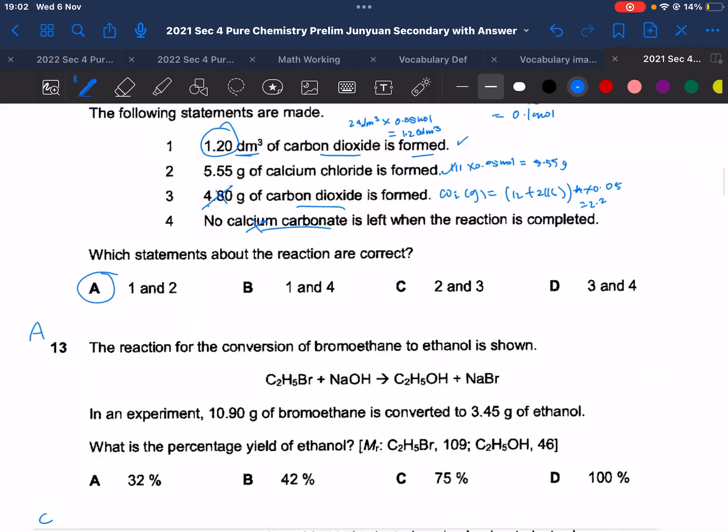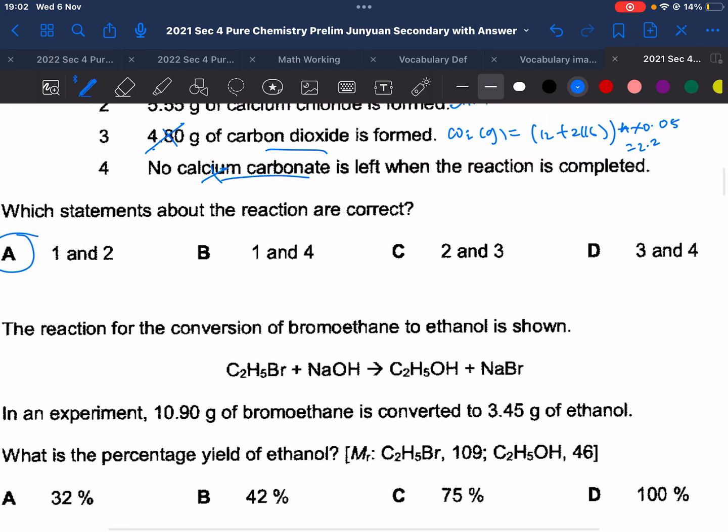The reaction for the conversion of... okay, we don't really need to know this. Again, we find the moles of bromoethane, so we take 10.9 divided by 109, which gives me 0.1 mole of bromoethane, and then we have 3.45 grams of ethanol.